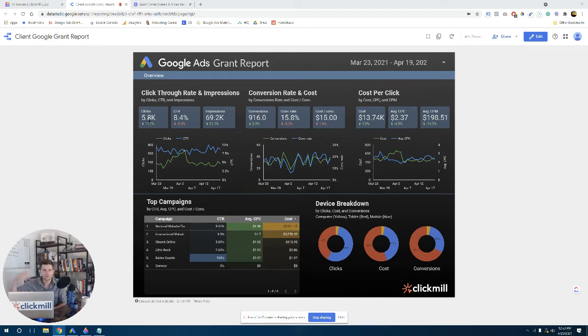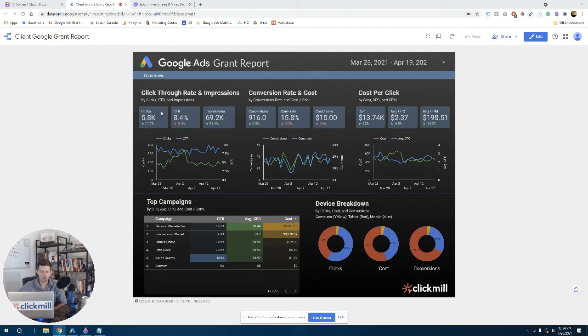So these advertisements show at the top of Google, and this is how many times per month those are getting clicked. So you'll see this account has 5,800 clicks last month, between March 23rd, 2021 and April 19th. So about a 28-day period there. And you'll see that due to optimizations and other factors, this is up 11.7% from the prior reporting period.